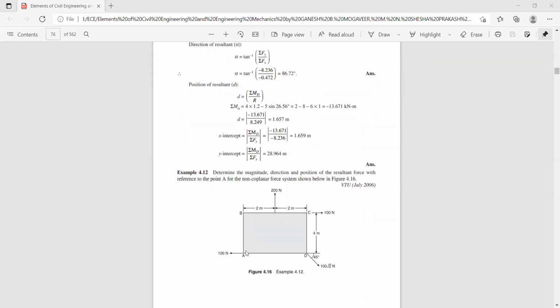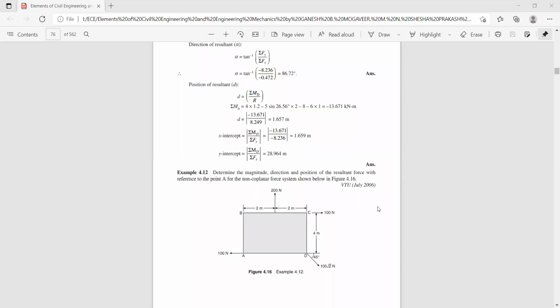So sigma Fx is minus 100 plus 100 plus 100 root 2 cos 45. Sigma Fy is plus 200 minus 100 root 2 sine 45, because you have only two vertical forces. Thereby you get the values of sigma Fx and sigma Fy.